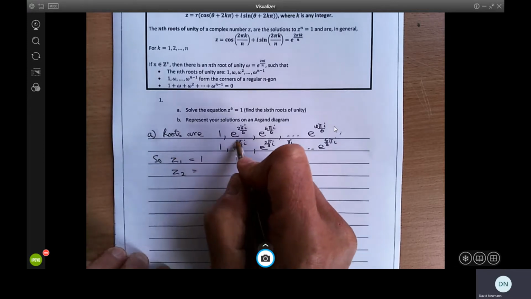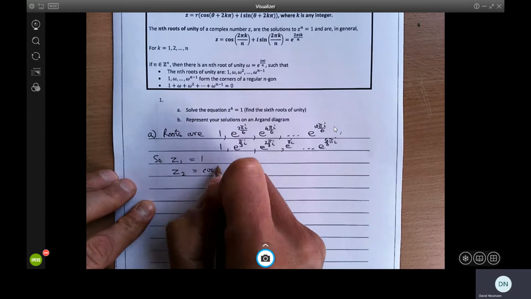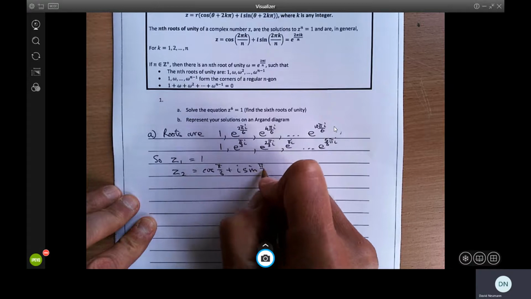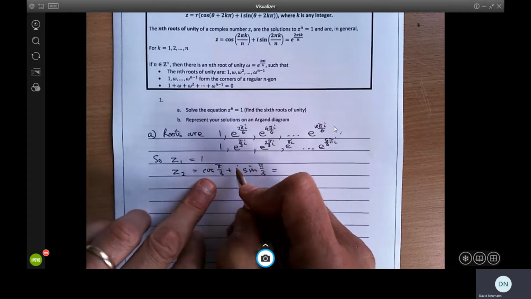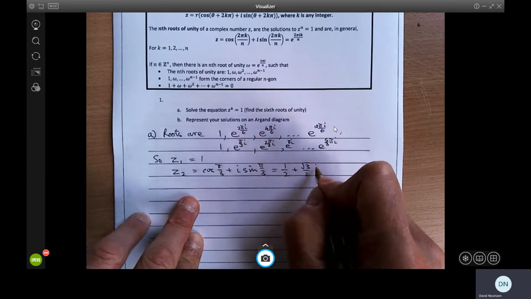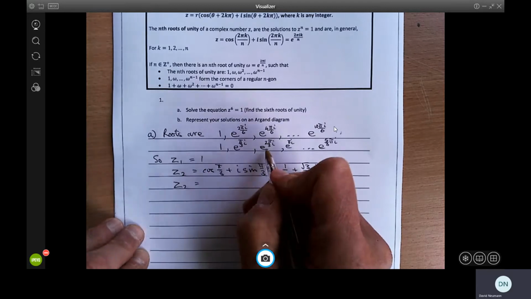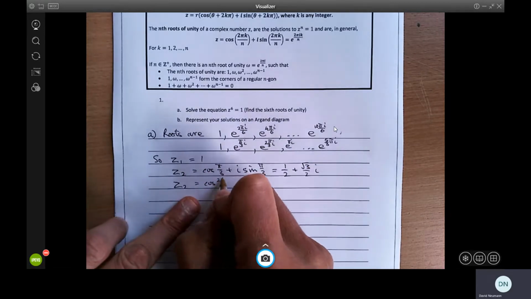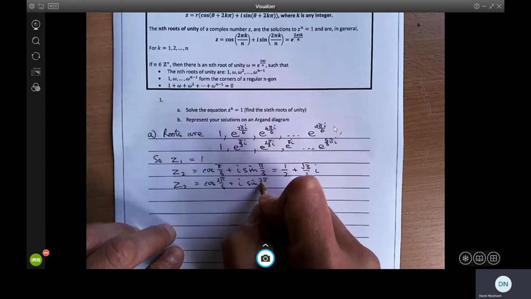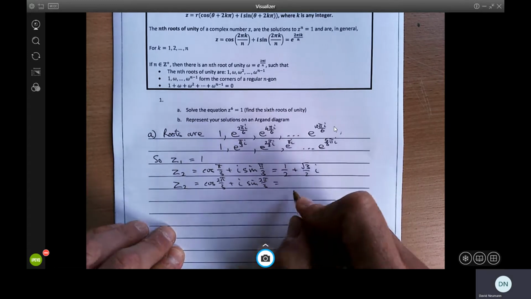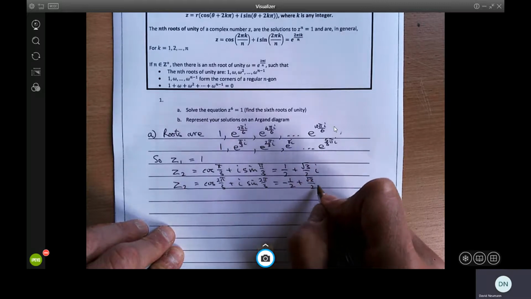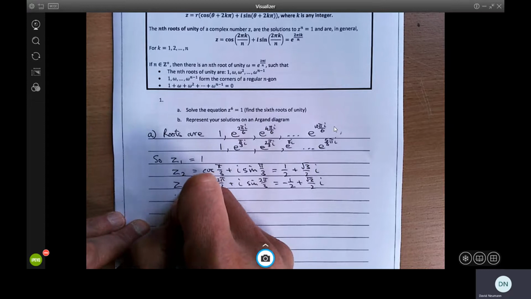Z2 is equal to, so we're going to make that this one, cos of pi over 3 plus i sine of pi over 3, which is, well, cos of pi over 3 is a half, so it's a half plus root 3 over 2 i. Z3, that's this one, is cos of 2 pi over 3 plus i sine of 2 pi over 3, which is minus a half plus root 3 over 2 i.